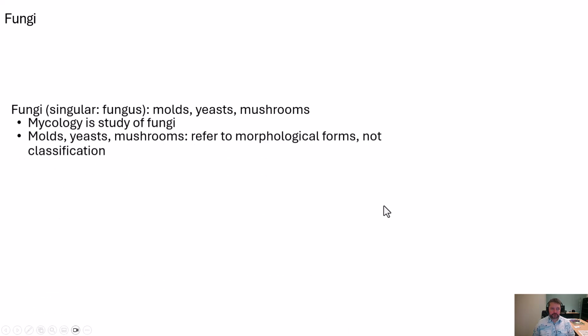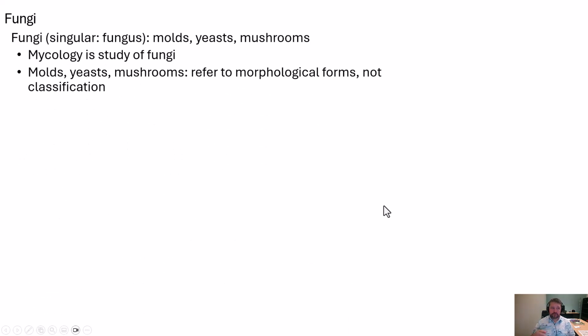The first thing I want to get across is that sometimes when we're talking about the kingdom fungi, we'll label something a mushroom, like, oh, those are mushrooms, or oh, that's a yeast. But realize that there is no such thing as a mushroom.